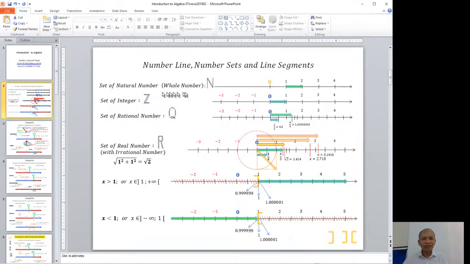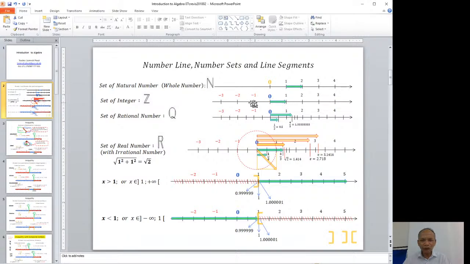N represents the set of all natural numbers, and the natural numbers do not include 0. It starts from 1, 2, 3, 4, 5, 6, 7, 8, 9, like that. Whole numbers. The integers include the inverse, the reciprocal, inverse of the natural number set.